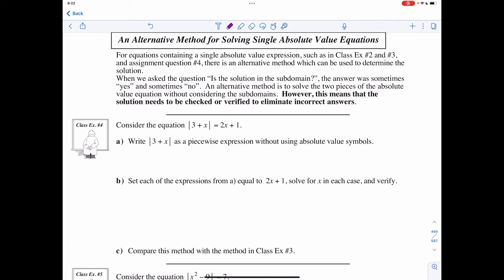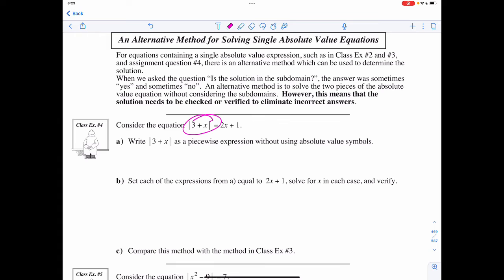Another way that we can solve this is by actually just using the piecewise function. So if I'm using piecewise, then I could take my point, take the absolute value, and know that the dividing line is at negative 3.